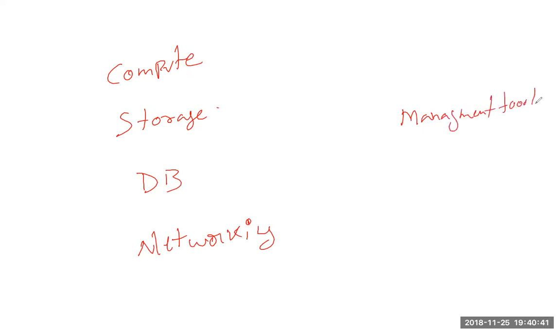There is another category called database. There is another category called networking. Okay. There is another category called management tools, security, and application services. These are the different categories that Amazon has put their services into.